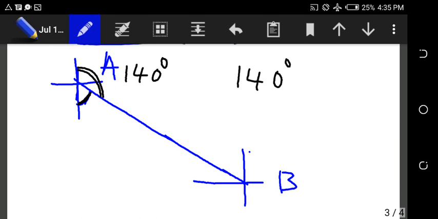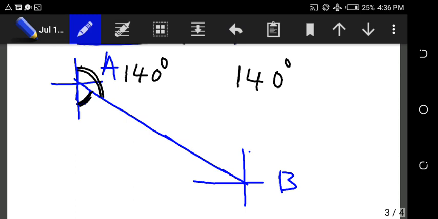However, when you want to describe the bearing of B from A using the compass bearing, you're starting out, going away from A down to B. So the bearing of B from A will be the smaller angle here. Remember that you always measure the side where you have the angle closer to either the north or the south. Now the angle is closer to the south than the north, so for a compass bearing you would make use of the south.